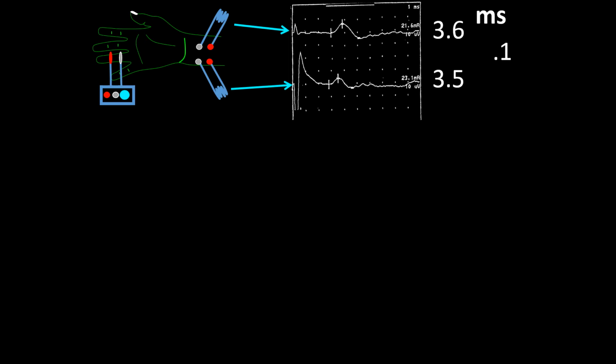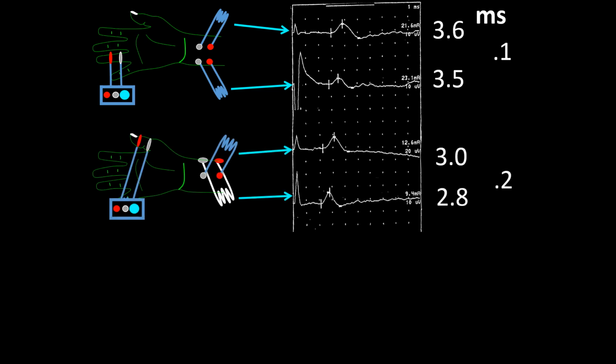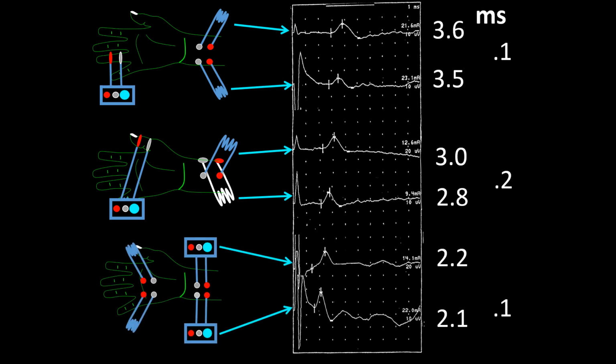The result in this case was 0.1 millisecond difference. The result of the median and radial wrist to thumb test was 0.2 millisecond difference. And the third test, the median and ulnar palmar to wrist test, showed a difference of 0.1 milliseconds.